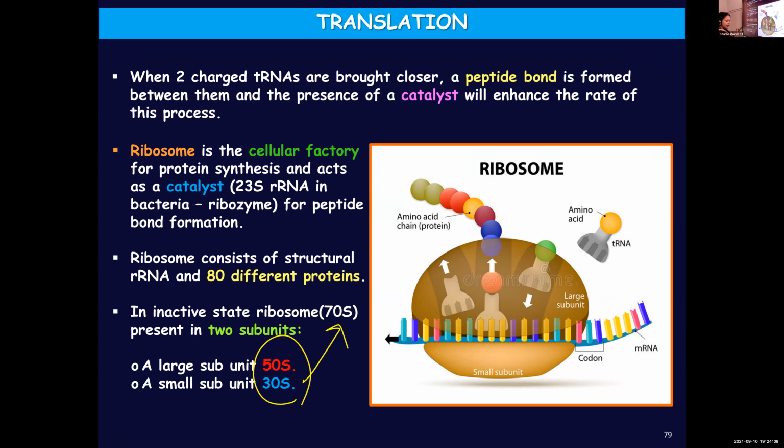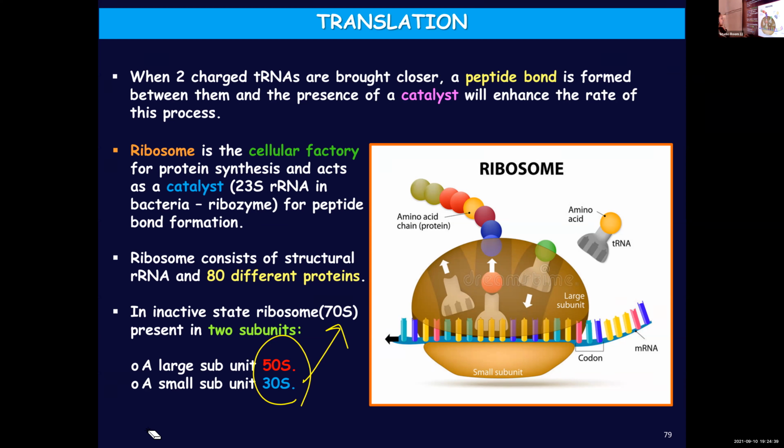Individually, they sediment at 50S and 30S. S stands for Svedberg coefficient, or the rate at which it gets sedimented. But when both are together, their sedimentation rate will change and it is just 70S. That is why we call it the 70S ribosome.